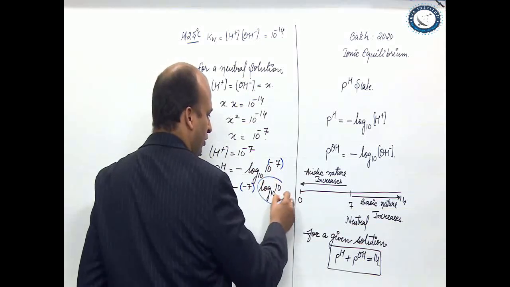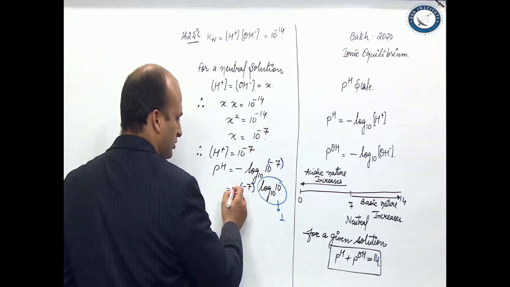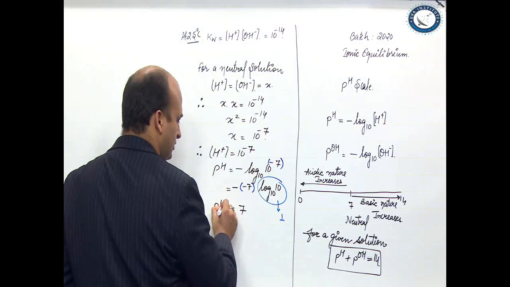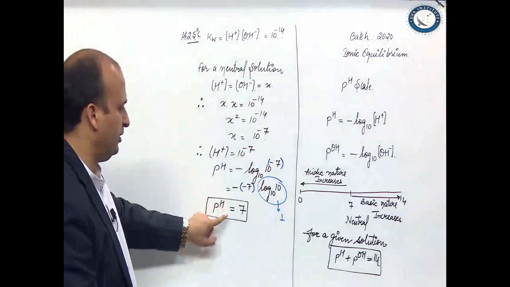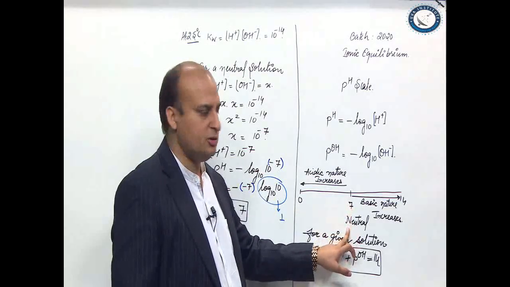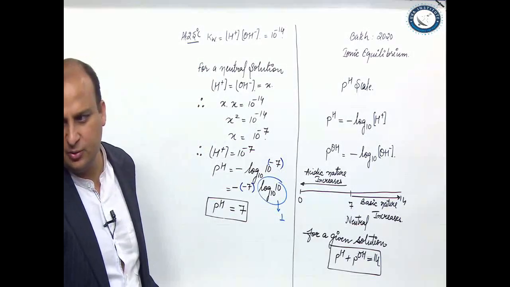Value of log 10 is 1. So this is minus into minus plus, so the value comes out to be 7. So pH is 7. So for a neutral solution, the pH is coming out to be 7. This is the answer to the first question. Why the pH of a neutral solution is 7 at 25 degree Celsius.